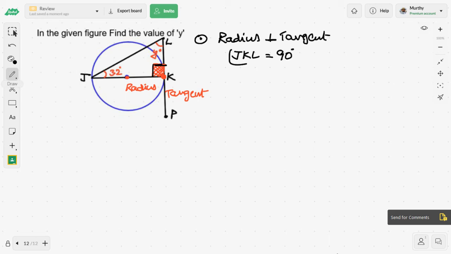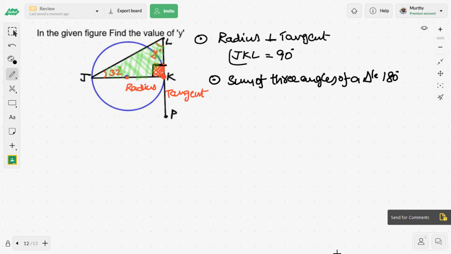Now, I see that there is a triangle. Observe carefully that there is a triangle. What is the sum of three angles of a triangle? Come on, you know that it is 180 degrees, right? Therefore, the next point: sum of three angles of a triangle is 180 degrees.